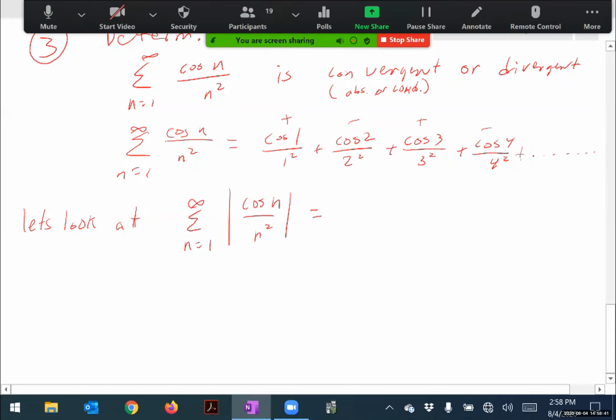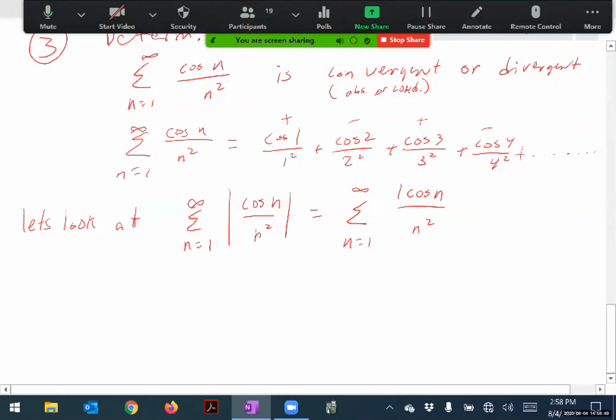Well, isn't that equal to the absolute value of cosine of n over n squared? Why can I get rid of the absolute value on n squared? Because anything that is squared is already positive. So I can get rid of those absolute values.